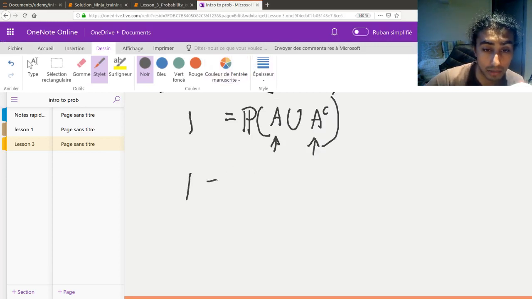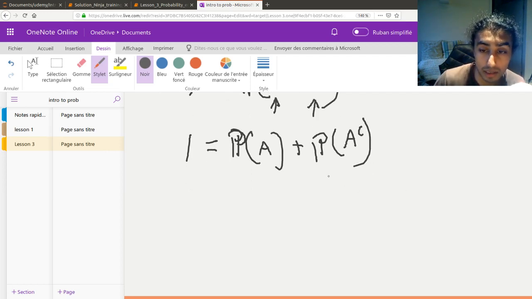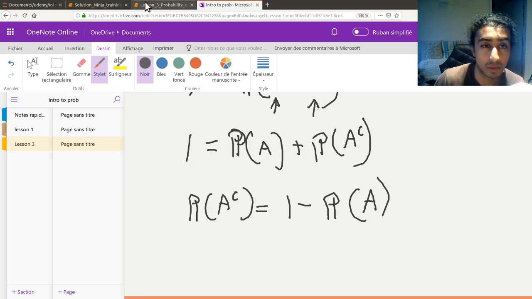Because they're disjoint, and you can't do this when they're not disjoint, we can write this, where P is the probability measure. And then we just isolate the probability of the conjugate by itself. So that's just going to be the probability of A conjugate equals 1 minus the probability of A. Cool. And that's what we wanted to prove.